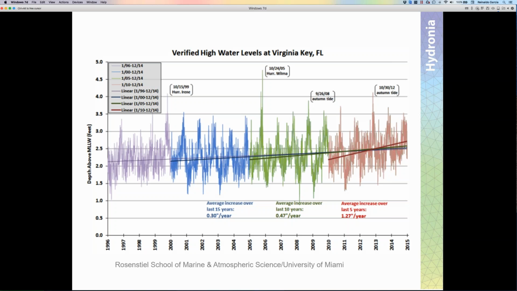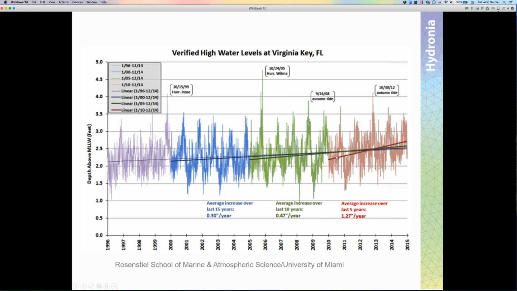As I said before, also the sea level rise is a fact. It's not something that is only a prediction. It's something occurring already. And these graphs, I think, demonstrate that at least in the last 20 years or so, there have been not only an increase in the sea level, but also an increase in the rate of change of the sea level.